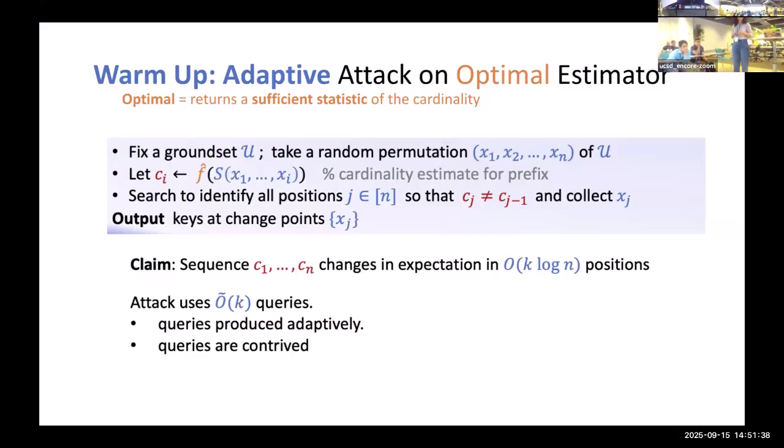And so now we can use O tilde of k queries, where O tilde hides the log n portion.